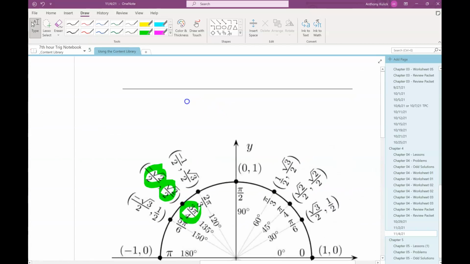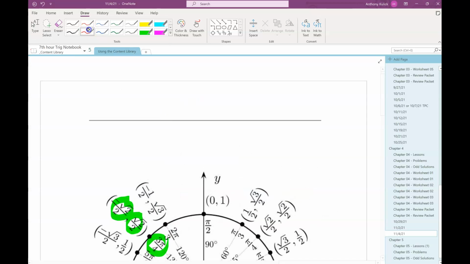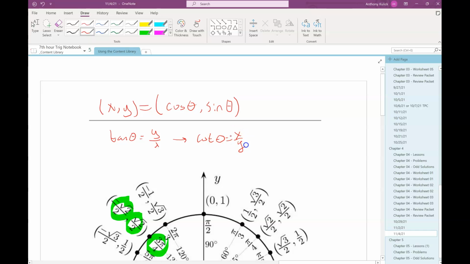So if we were looking at our unit circle, the points are cosine, comma, sine. So cosine's x, sine is y. Tangent is y over x. So cotangent, its reciprocal, would be x over y.